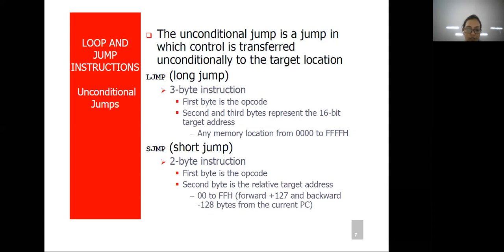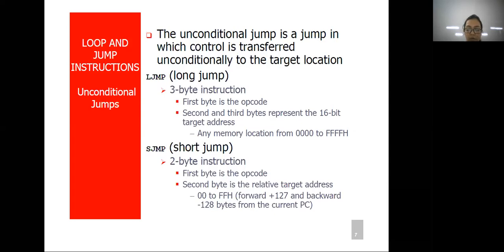Now short jump. SJMP is a short jump instruction. It is a 2-byte instruction. The first byte is the opcode and the second byte is the relative target address. Here the target address is in the limit of 00 to FF.